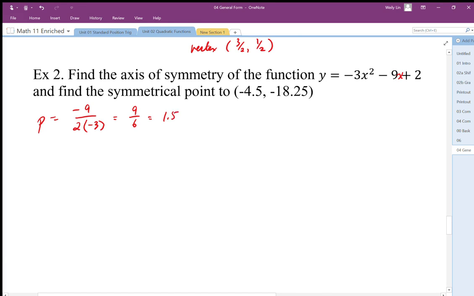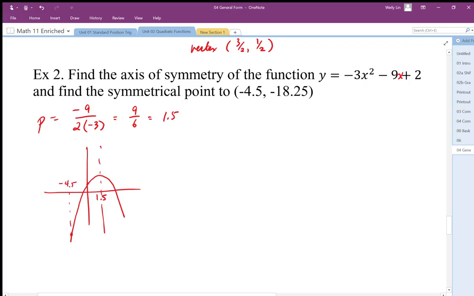So there's my p-value, 1.5, and I can just sketch this graph. I don't know what the y-coordinate of the vertex is, although I know it points down, and I know my vertex is somewhere around here, at 1.5. I'm being asked to find the symmetrical point to the coordinate at -4.5.